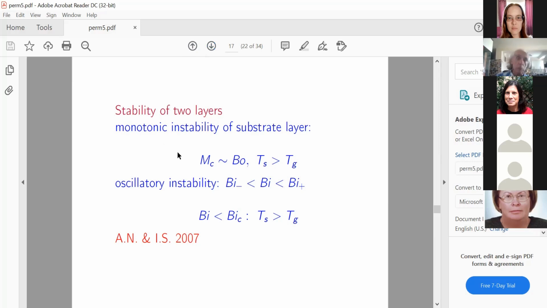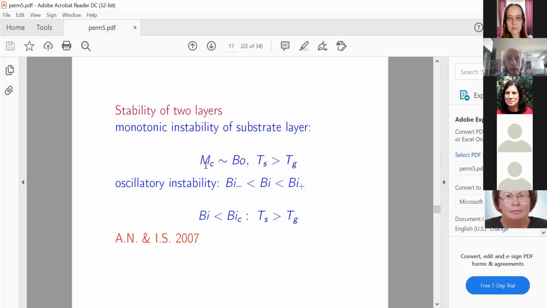This instability, depending on the parameters of the fluid, can be by heating from below or from above, but by heating from below it competes with monotonic instability, and monotonic instability usually wins. But if we heat from above, for some interval of Marangoni numbers, larger than some critical and smaller than some other value, there are oscillatory instabilities in layers.